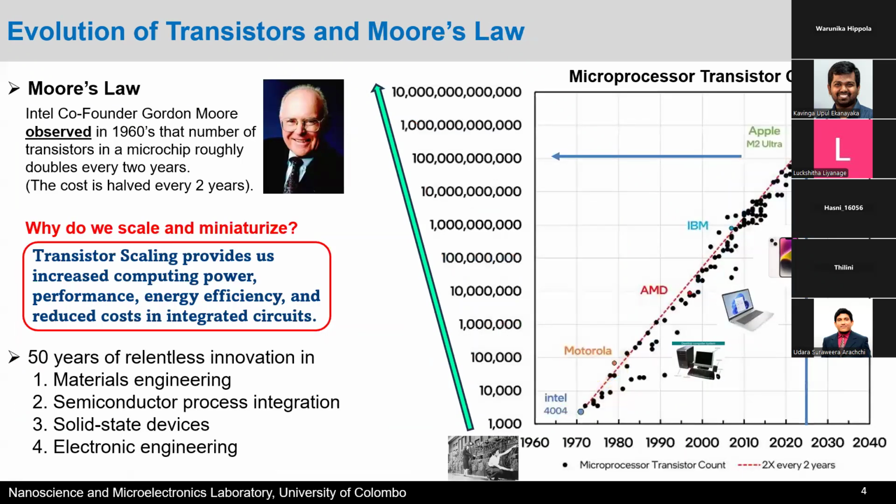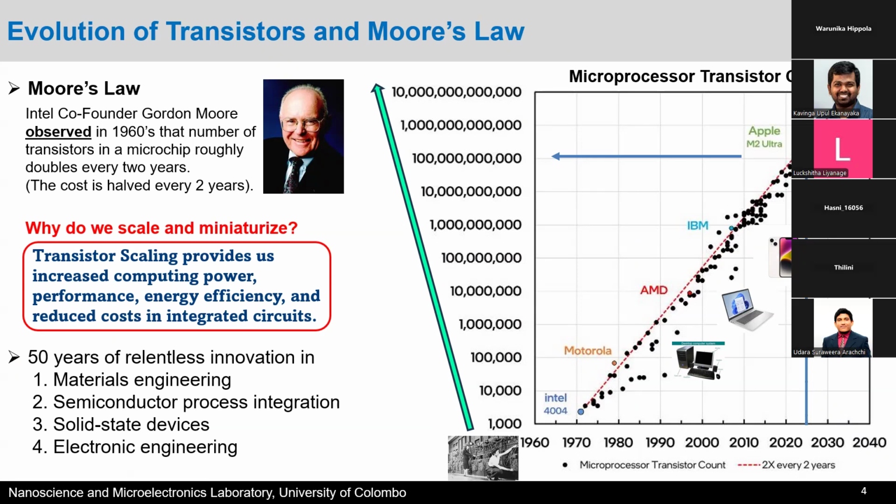Now, ever since then, we have been making integrated circuits with very large numbers of transistors, right? So initially it was around 1,000 transistors or 500 transistors, but then in the 1960s, the Intel co-founder Gordon Moore observed that the number of transistors in a semiconductor chip doubles roughly every 2 years or so, right?